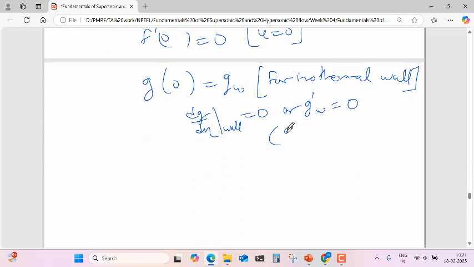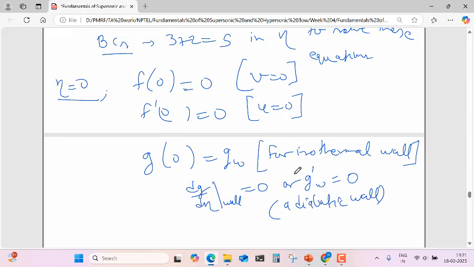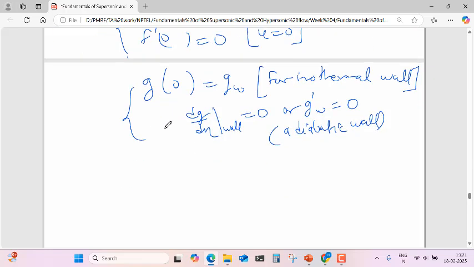This will be for the adiabatic wall. These are the two, and one of these two is the third boundary condition.